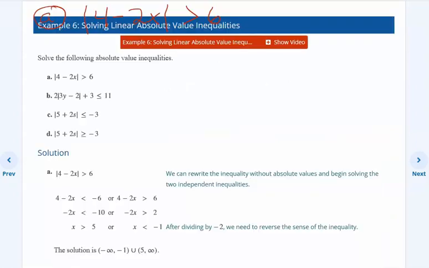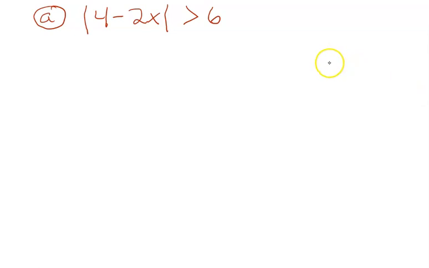Now, as we look at these examples, it will be critical to pause and reflect on what we've just gone over. So as we look at this, is this going to be an and or an or? Well, it's greater than, so it's going to be an or, something to keep in mind.